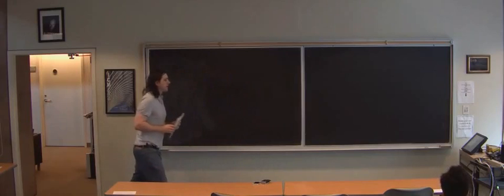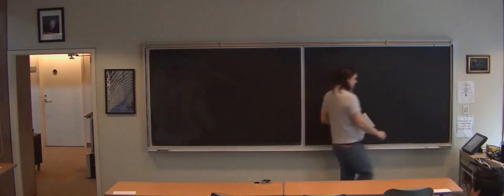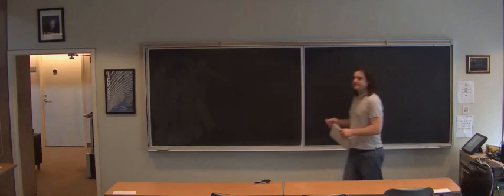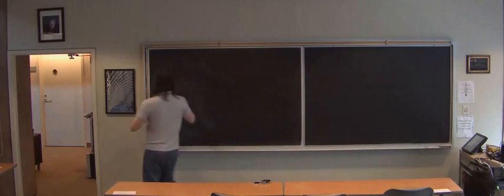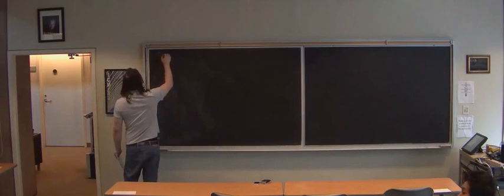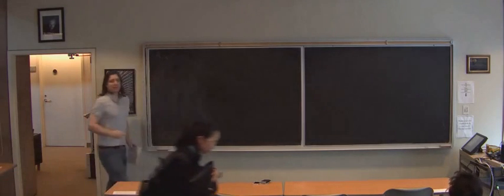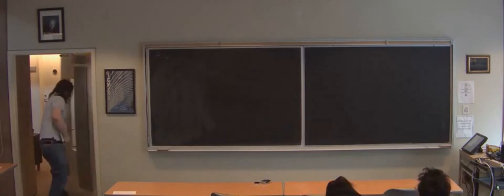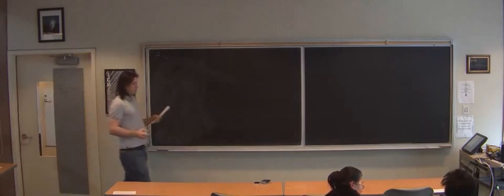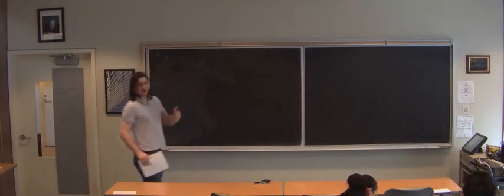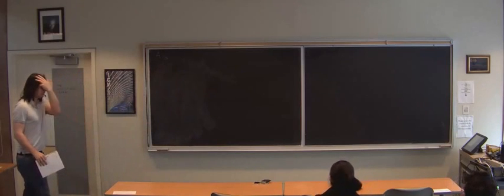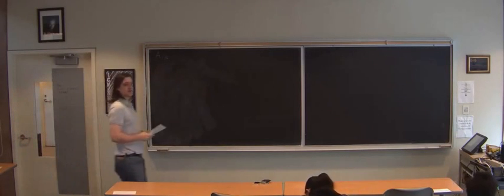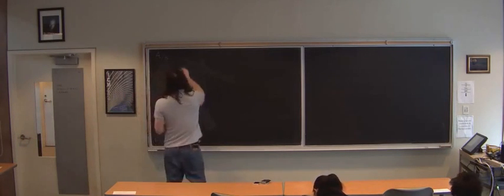Alright, so let's pick up from last time. We were talking about how, given an abelian variety A over K, you get a corresponding Galois action on its torsion points, and this can be glued together into an adelic representation.